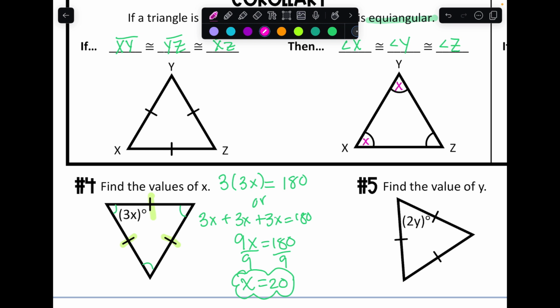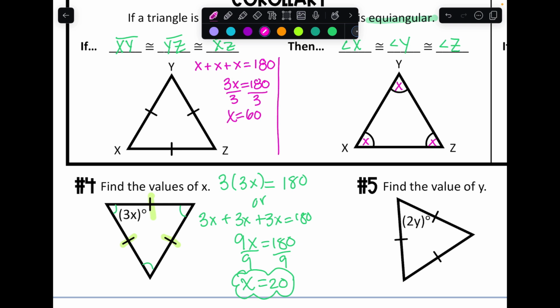So if I called each of these angles x, and I added them together, x plus x plus x, it should equal 180. So that becomes 3x equals 180. Divide by 3. So x equals 60. Because 60 plus 60 plus 60 equals 180.